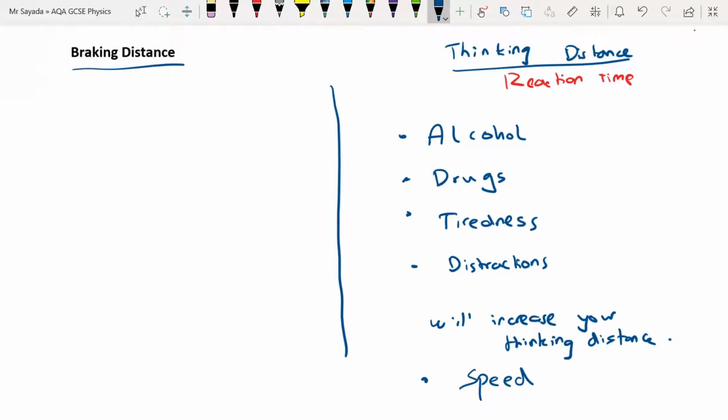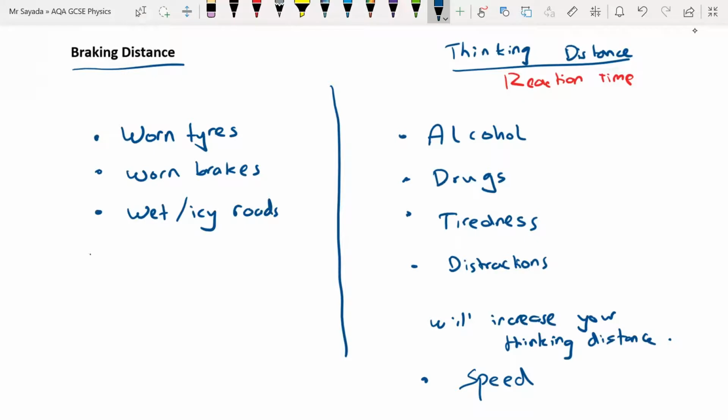Things that can increase your braking distance are all the things that once you press the brakes will make that distance bigger. So this is all going to be stuff to do with the actual quality of the brakes, of the road, of the car. The kind of things that might increase your braking distance are if your tires are worn down. So if they're old tires that are too smooth, or if your brakes are faulty or worn, so if your brakes are not very good, or if the roads are wet or icy.